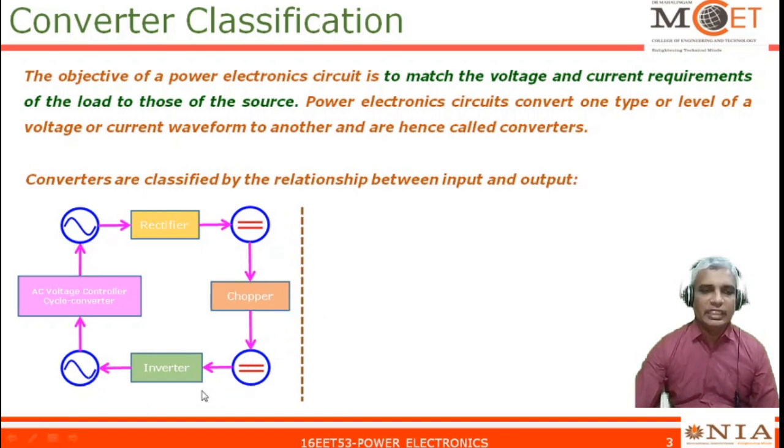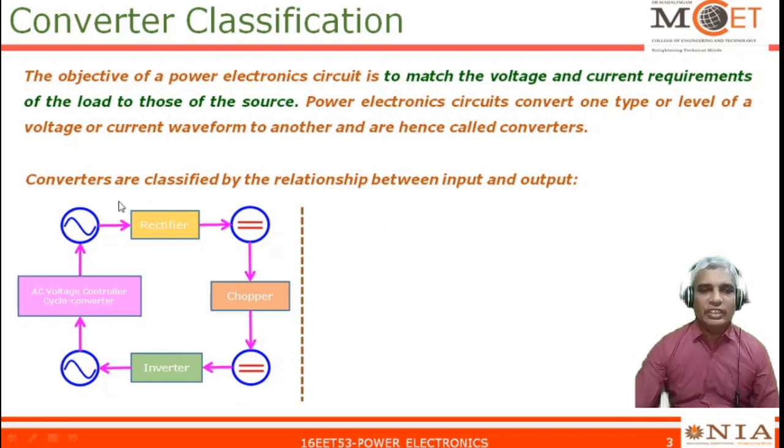DC to AC converters are called inverters, and AC to AC converters are called AC voltage regulators and cycloconverters. Very importantly, you have to know that the DC to DC conversion is required when source is fixed and load requires a variable one, or when the source is variable and load requires a fixed voltage or current. Similarly, in the case of AC also.